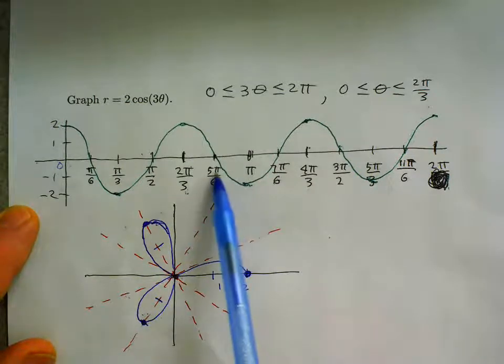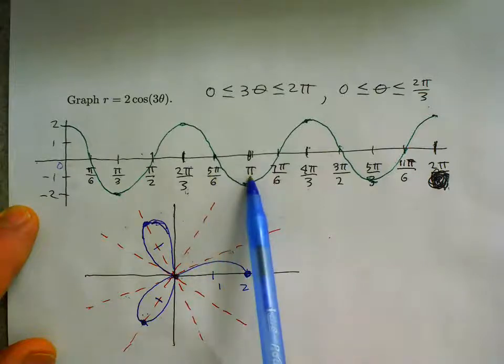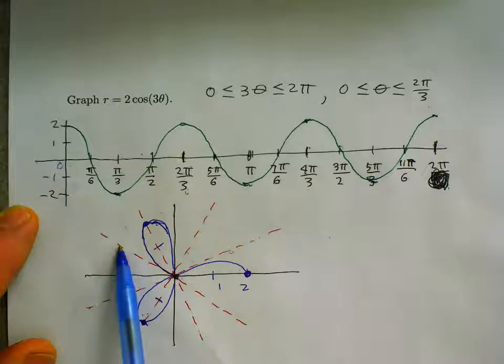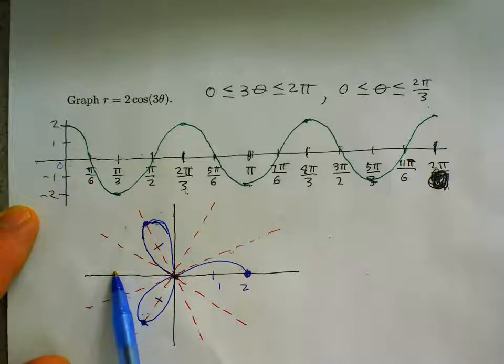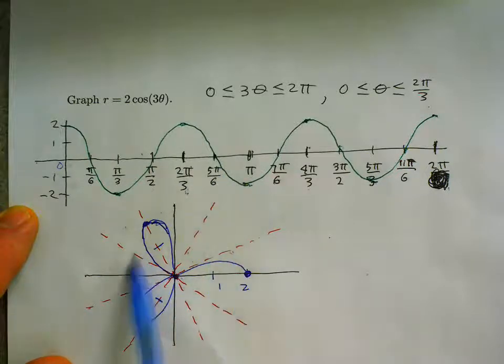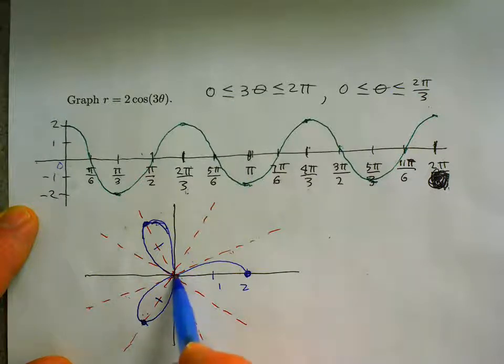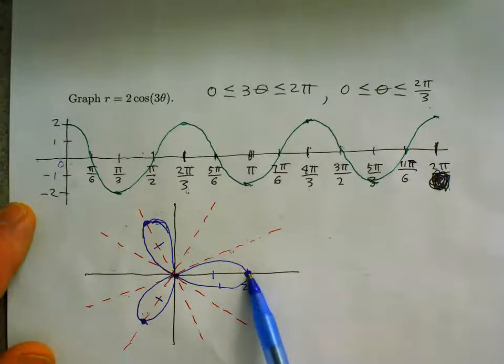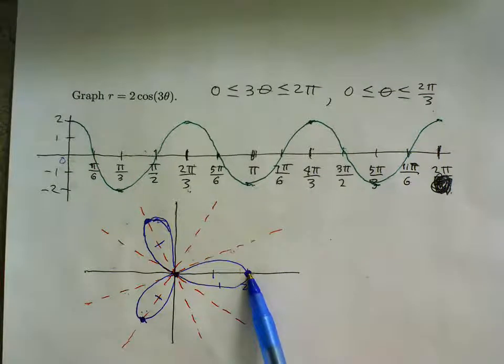Okay, then between 5pi/6 and pi, the R values are negative. 5pi/6 to pi is this sector. But since the R values go from 0 to -2, the graph appears in the opposite sector. So it goes from 0 to 2.